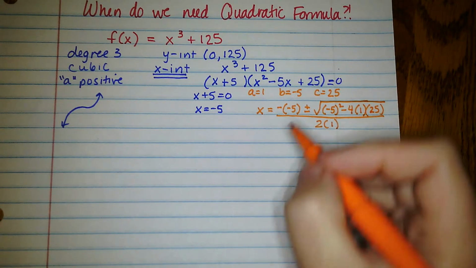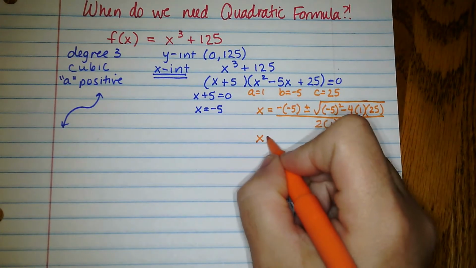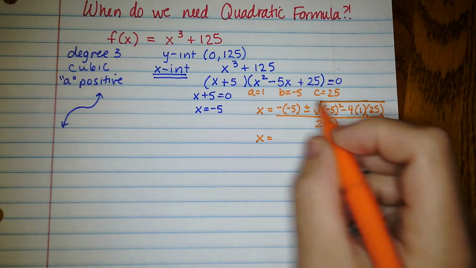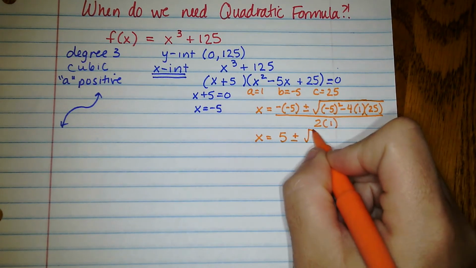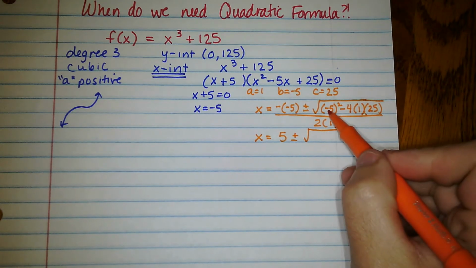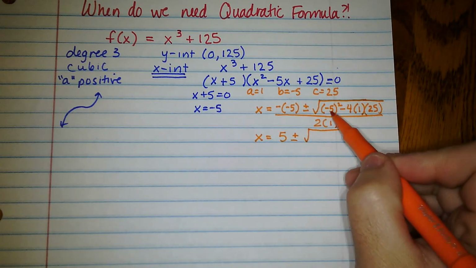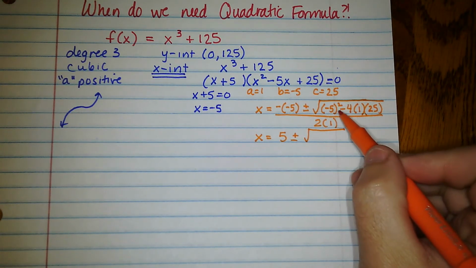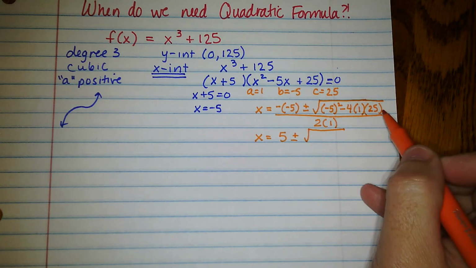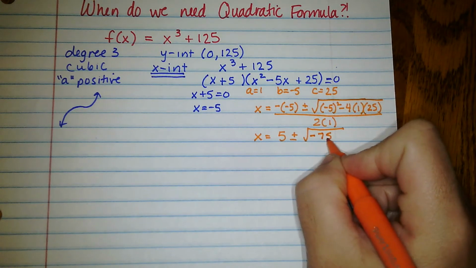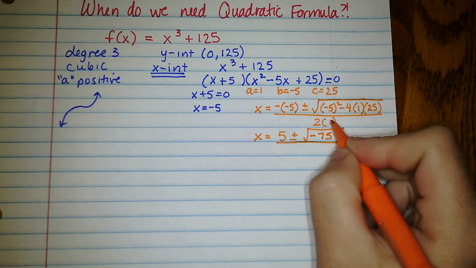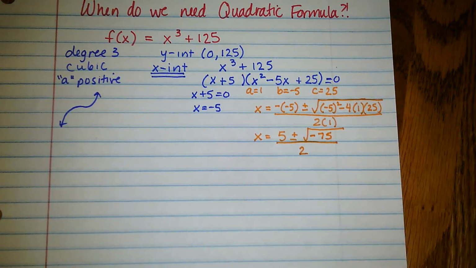Now I just have to evaluate it and see what it's doing. Negative -5 becomes a +5 plus or minus the square root. Let's do some calculating. This is 25, +25 minus 100, and +25 minus 100 is -75. And this is 2 times 1, which is 2.